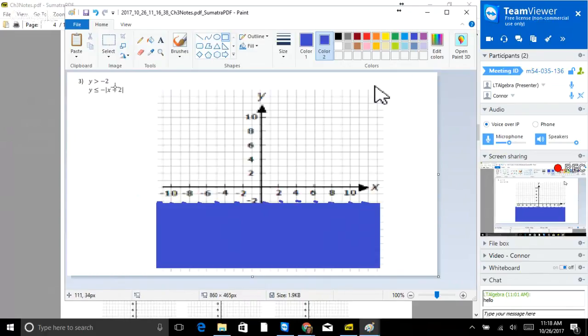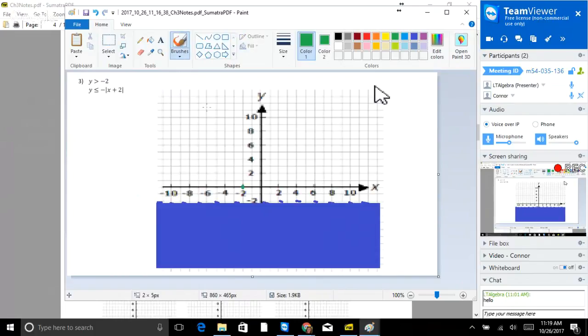When you add 2 inside the function, that shifts your graph to the left by 2. This one will graph in green. So it's going to shift our graph to the left by 2 because we're adding 2 inside the function.